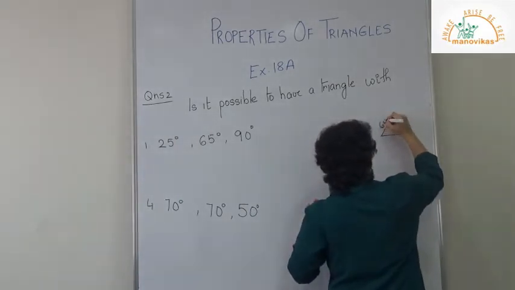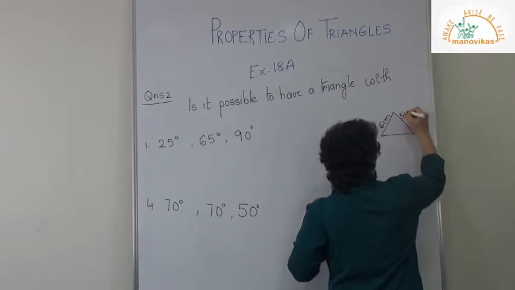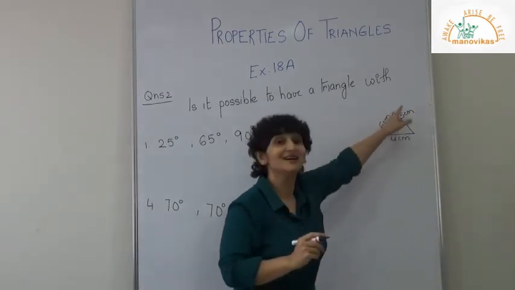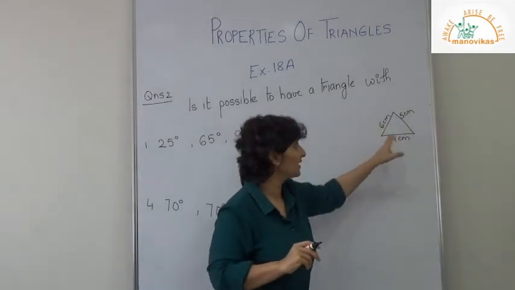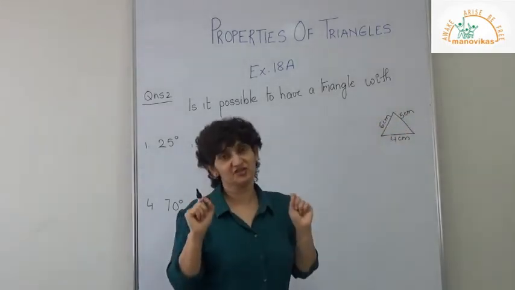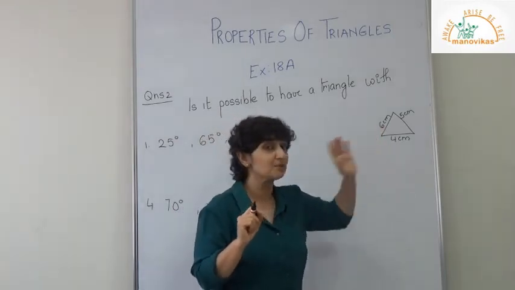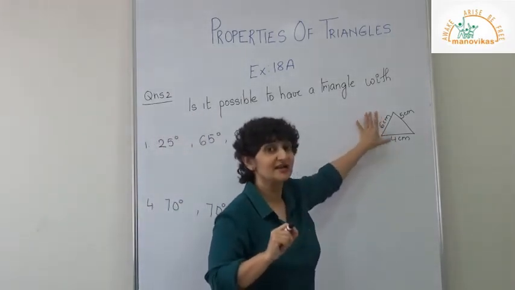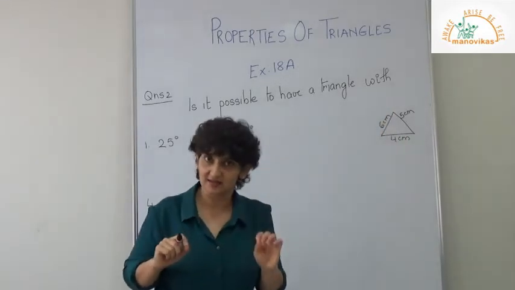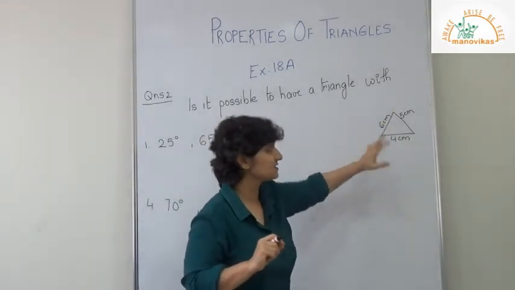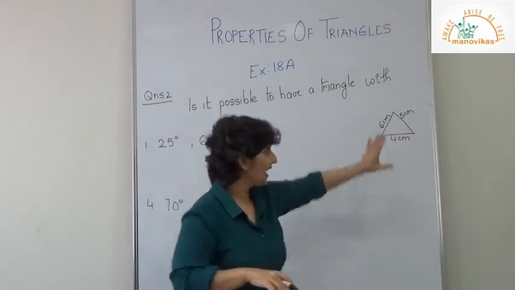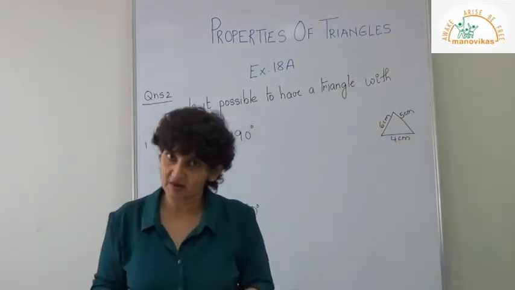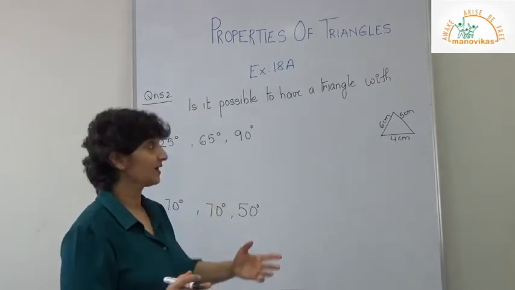Like for example, this was 6, this was 5, say this was 4. And what was the property? The sum of the lengths of any two sides should be greater than the third side. For example, 6 plus 4 gives me 10, which is greater than 5. So I can draw this triangle.